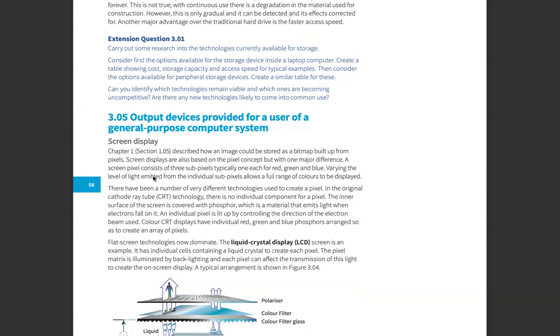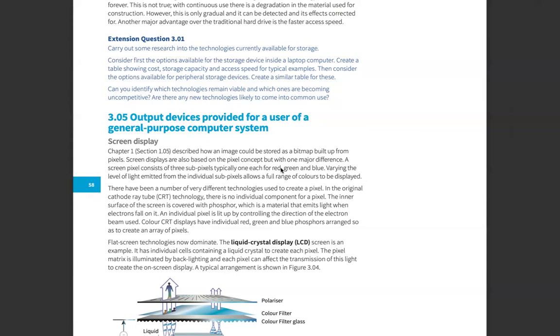A screen pixel typically consists of 3 subpixels, one each for red, green and blue. Varying the level of light emitted from the individual subpixels allows a full range of colors to be displayed.